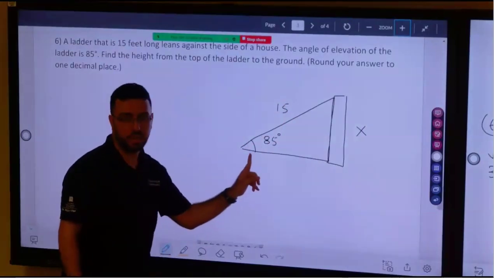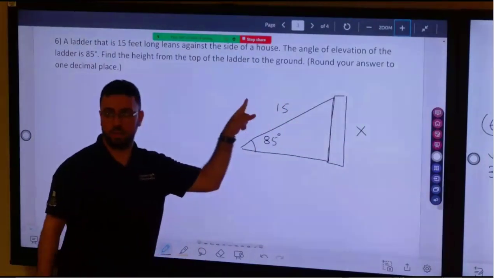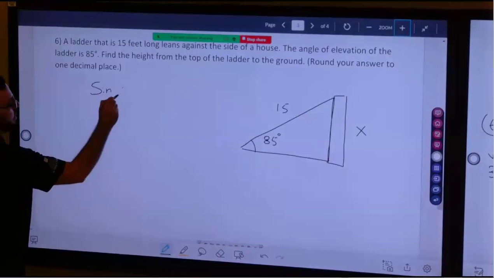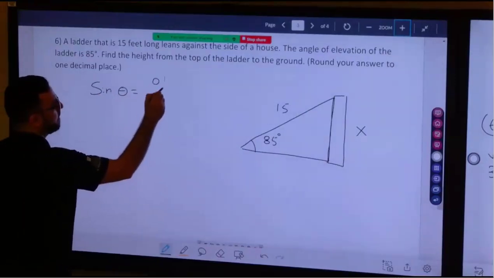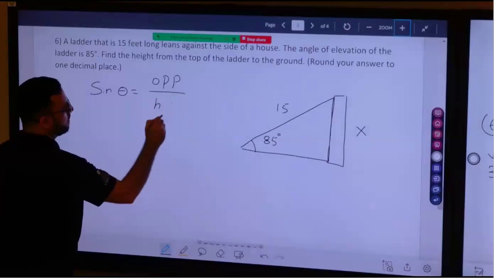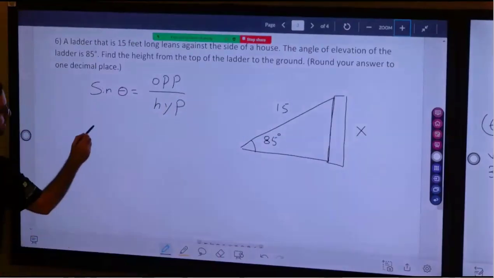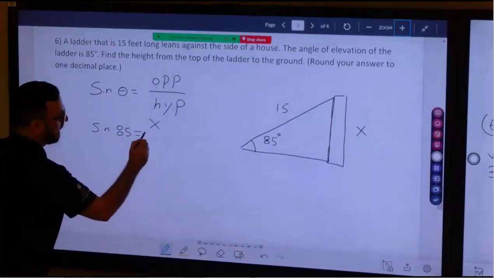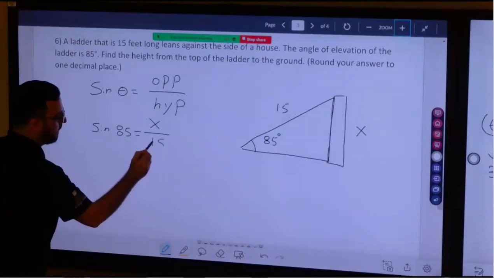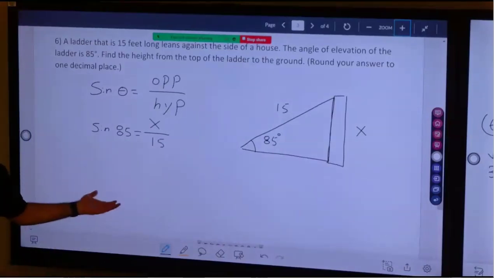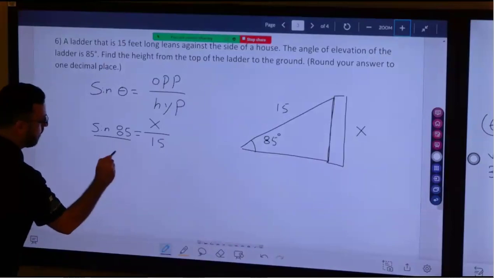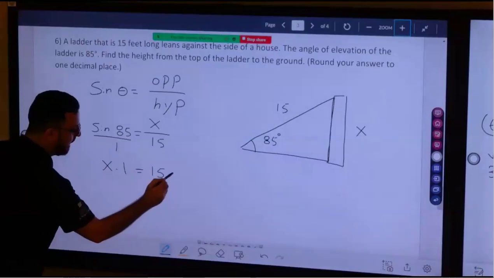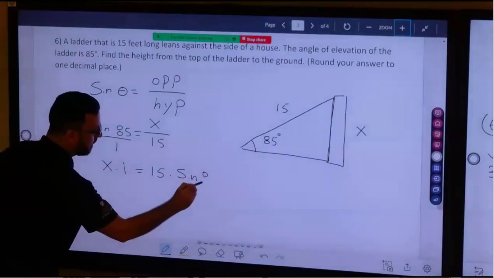I'm gonna use sine, which is opposite over hypotenuse. So sine theta equals the opposite over the hypotenuse. Sine 85 equals the opposite, that's what we need to find, over 15. What's the next step? Divide this one by one, cross multiplication, so x times one equals 15 times sine 85.